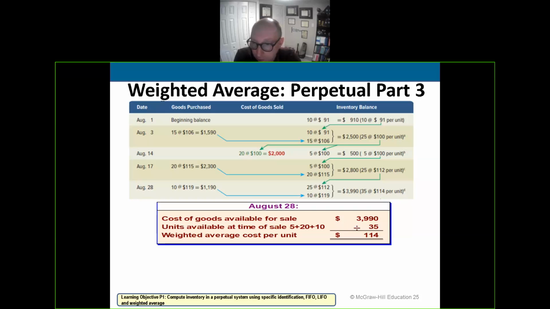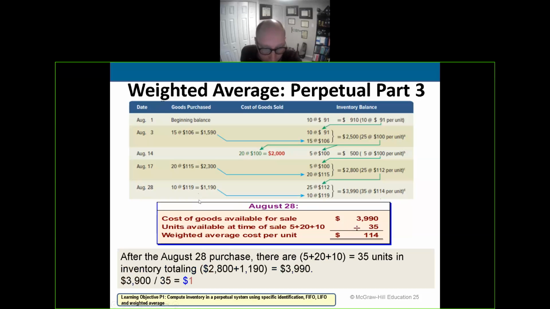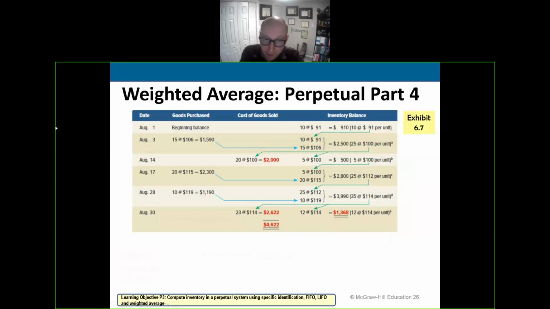Give me a weighted average per bicycle of $114. And eventually we'll make it to August 30th. We sold 23 bicycles at an average cost of $114, bringing us total cost of goods sold for the day of $2,622, for a total cost of goods sold for the month of $4,622, and my inventory balance was $1,368.